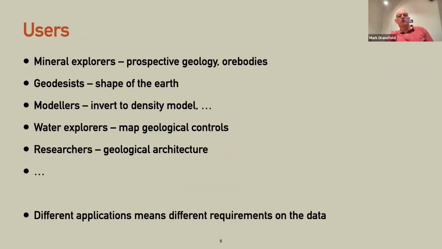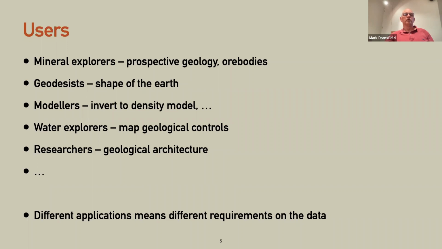The gravity data gets used by a lot of different people. There are the mineral explorers, most of my background has been in the mineral exploration business. There's geodesists. There's people who, probably for one of these other purposes, are inverting data to get density models of the Earth. There are people looking for water. There are people who are doing research.